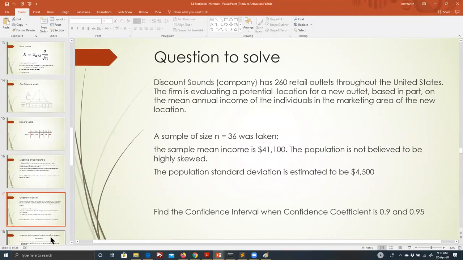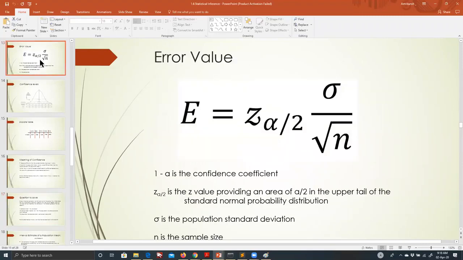How do you calculate? So you will require this equation. So interval estimate is, let me write it out, interval estimate is nothing but mu plus minus error.